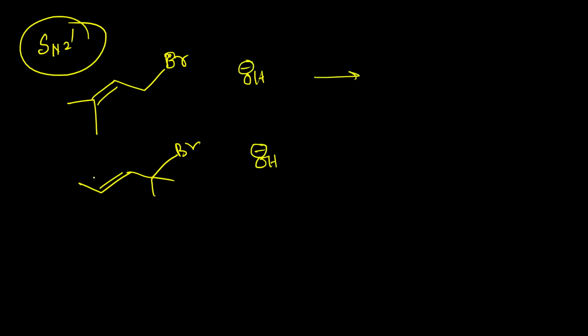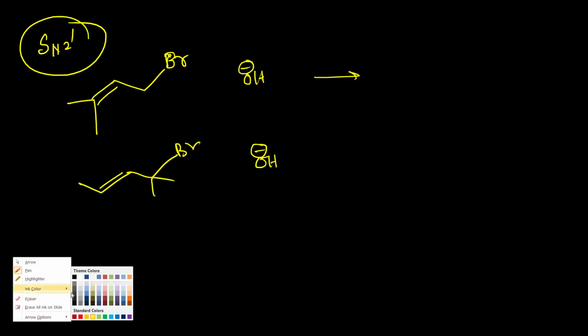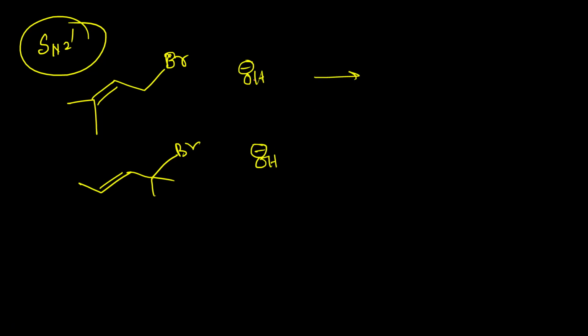In the first case, it has two options. In this type of substrate, generally the SN2 dash reaction occurs when the nucleophile has two options to attack.